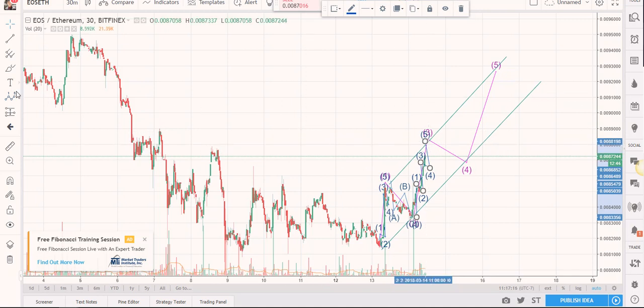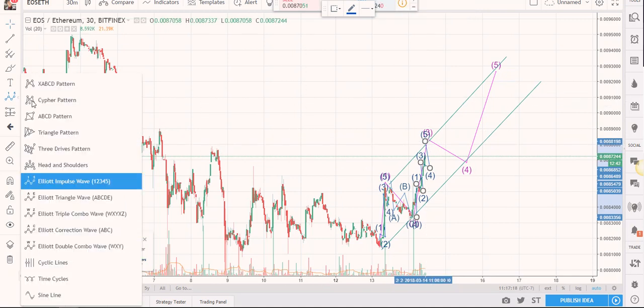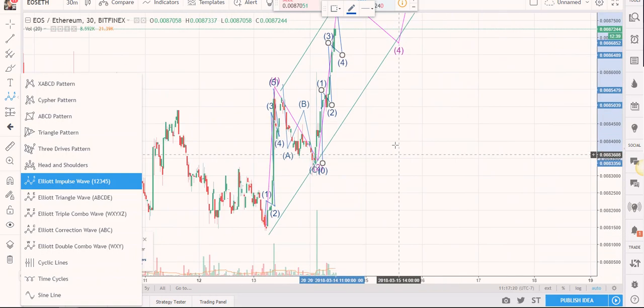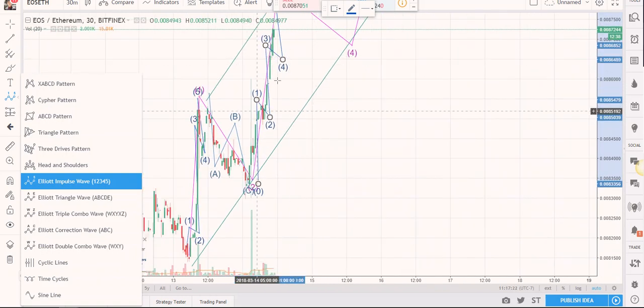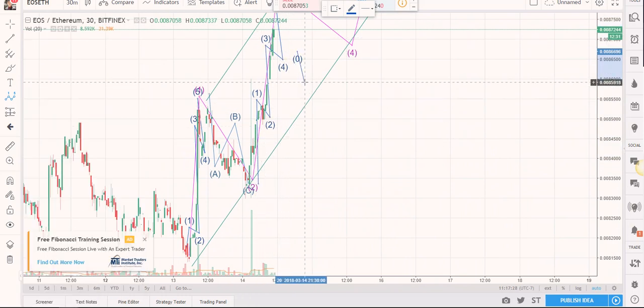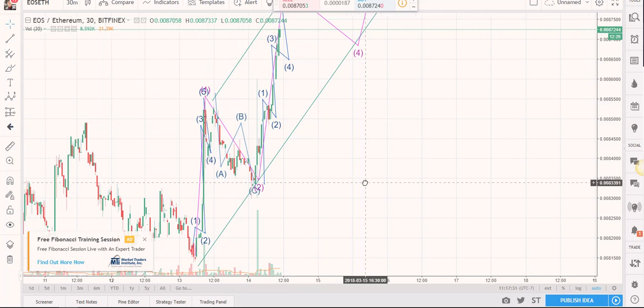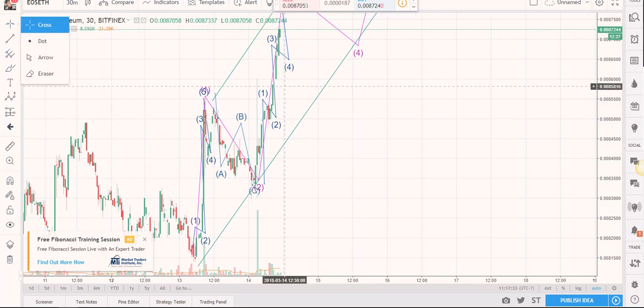And then you should have another corrective wave coming down. And that's if you really want to trade these tiny little ups and downs here, but you kind of see some of that. 1, 2, 3, 4, 5. Like that. Okay, now let me go back to my cursor here, my cross.